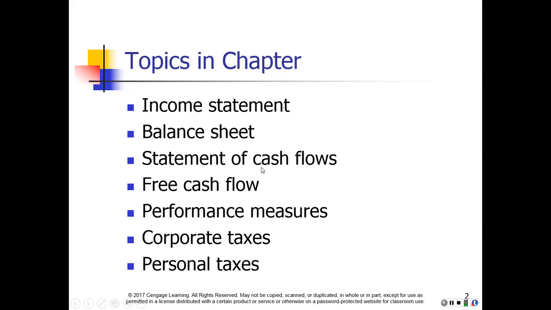And then the statement of cash flows, because the accounting process that we use is called accrual accounting. And so sometimes we have sales that are, say, made on credit, and not on cash.